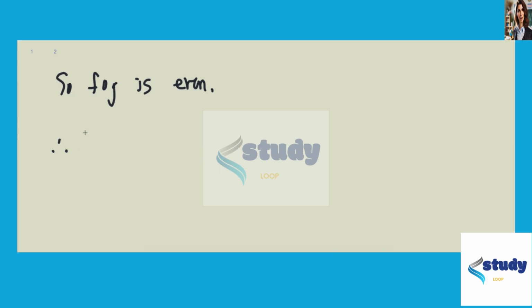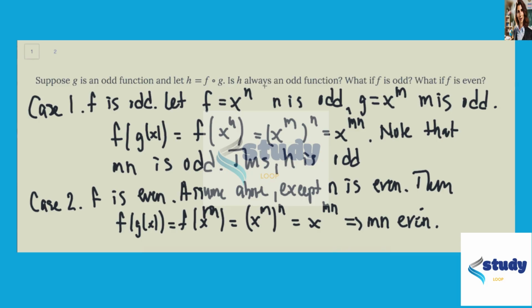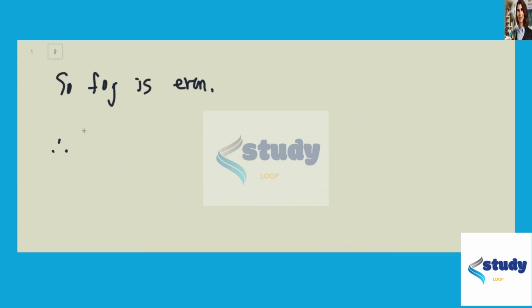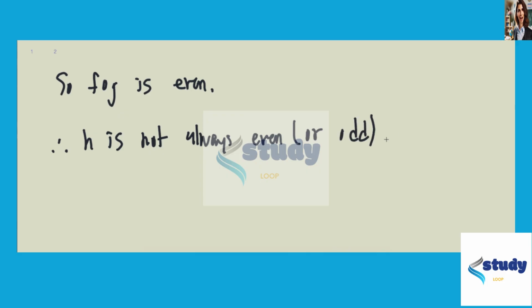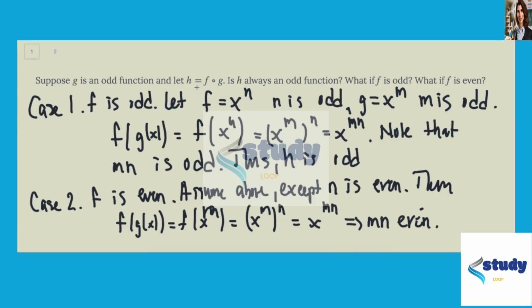So therefore, to answer the question, is h always an odd function? Therefore h is not always odd, or equivalently, not always even. And it all depends on the degree of f, or whether f is even or odd.